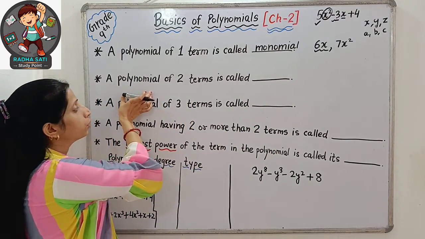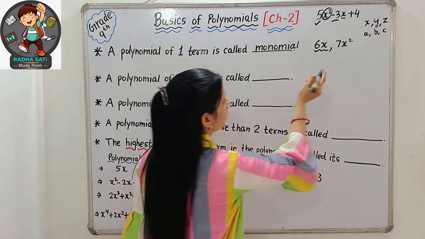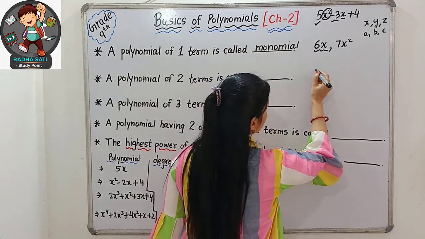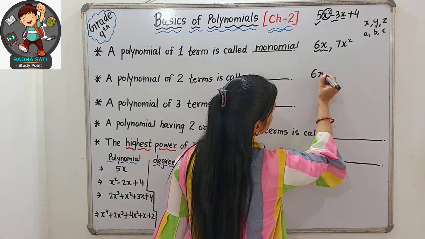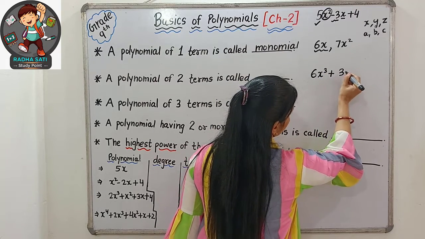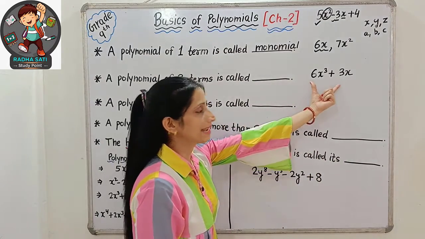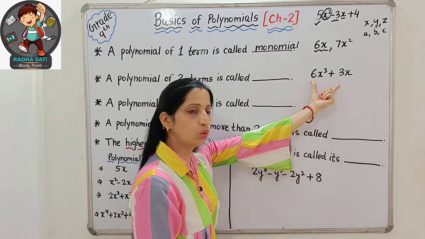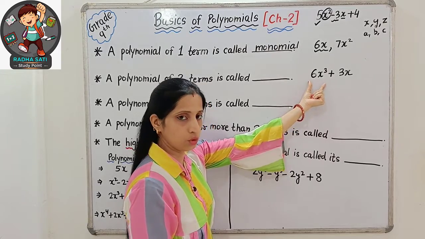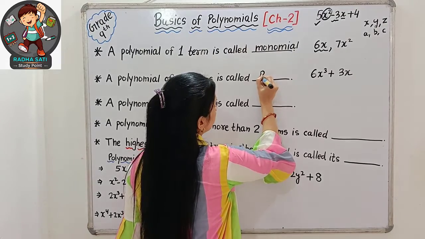Now a polynomial of 2 terms, in which 2 terms are there, that is known as, for example, let's write the example 6x cube plus 3x. So now you can see in this algebraic expression there are 2 terms, 6x cube plus 3x. So it is known as binomial.